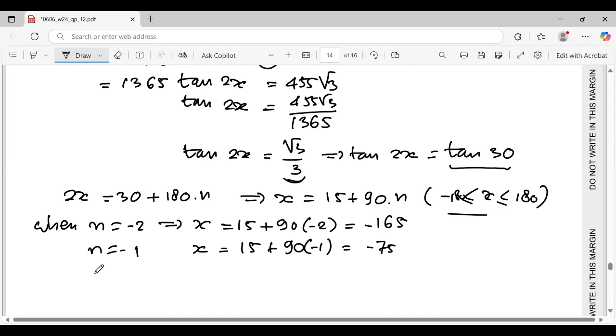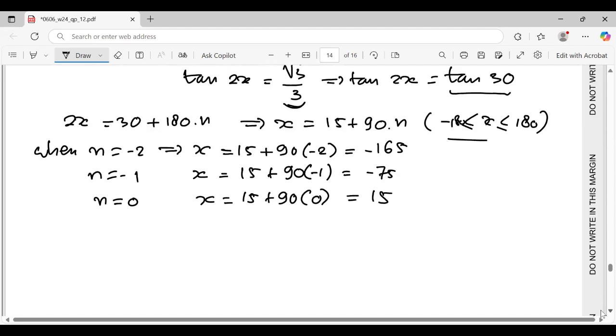Okay, accept. n equals 0. So x equals 15 plus 90 times 0. It is 15.